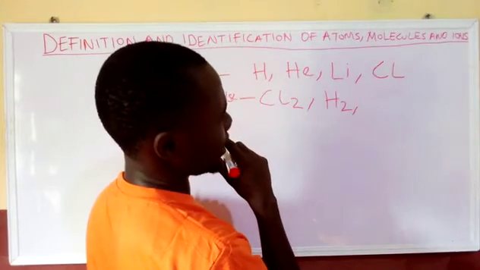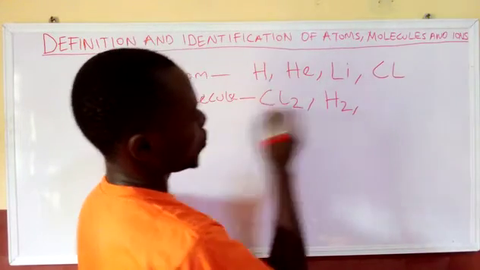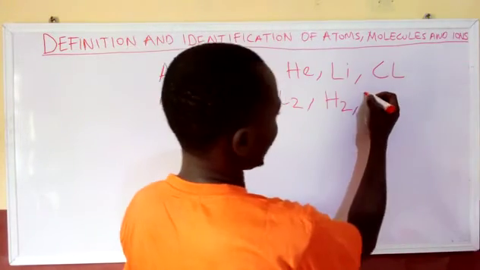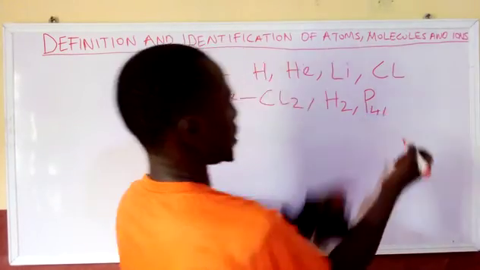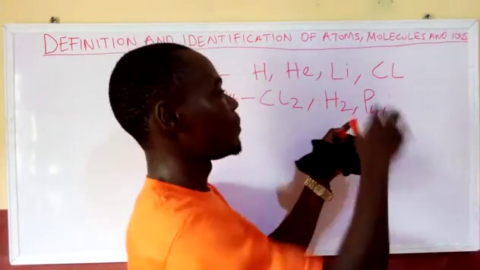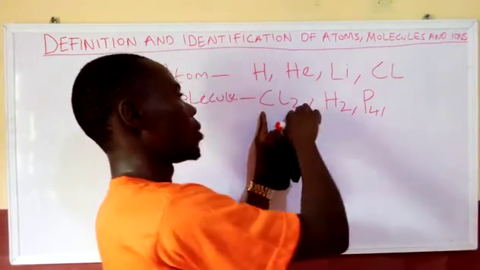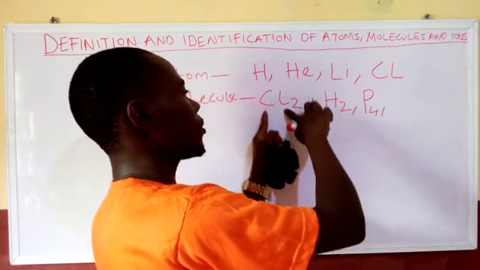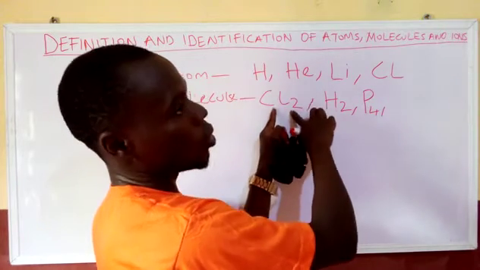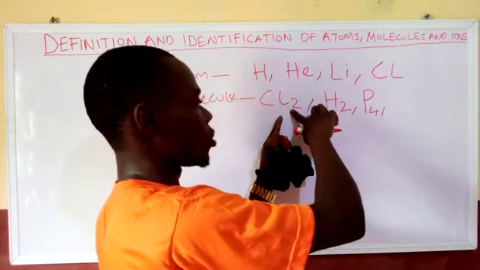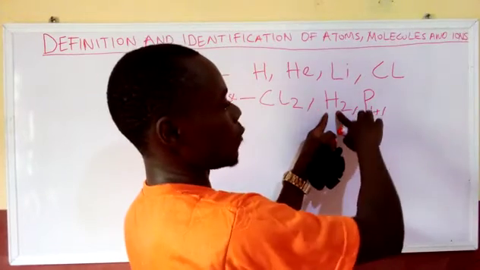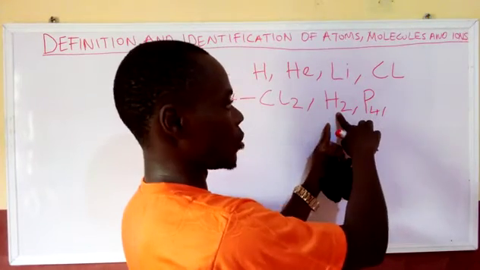Which example can I give again? Look at phosphorus, P4. This is an example of a molecule. A molecule of chlorine is made up of 2 chlorine atoms. The molecule of hydrogen is made up of 2 hydrogen atoms.